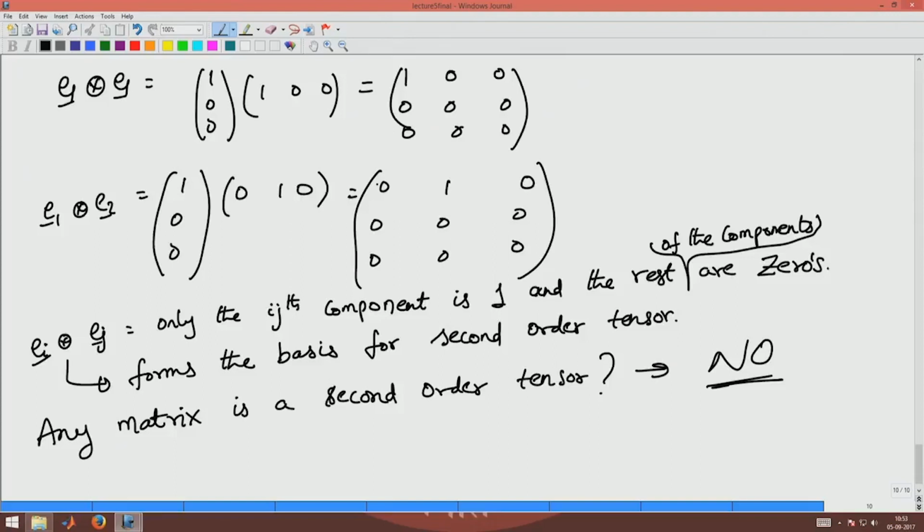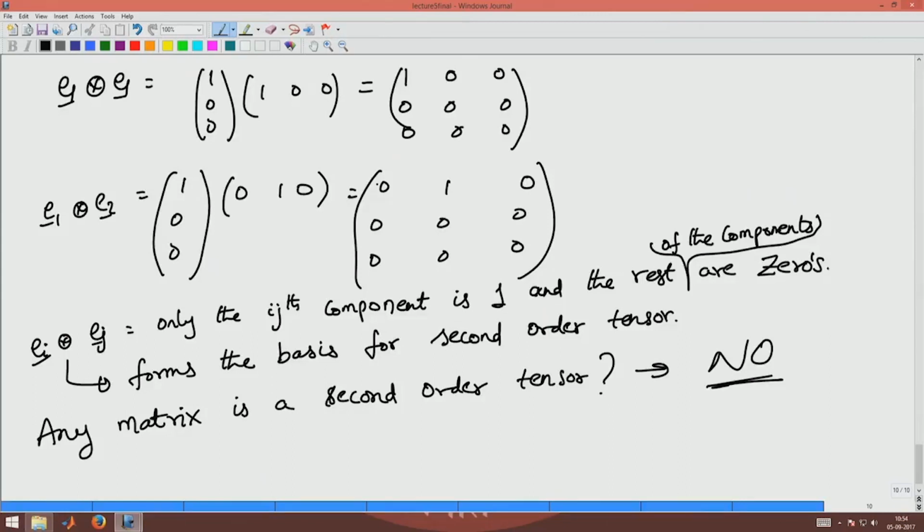Any matrix is just a 3 by 3 entry of numbers. When the coordinate system changes, there is no meaning as to how the components of the matrix will change. For example, transformation matrix Q is a matrix and it is not a second order tensor. So, any matrix will not be a second order tensor, but second order tensors can be represented as a matrix.